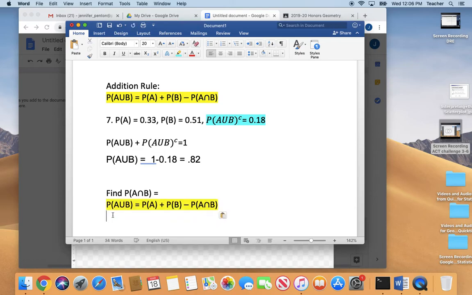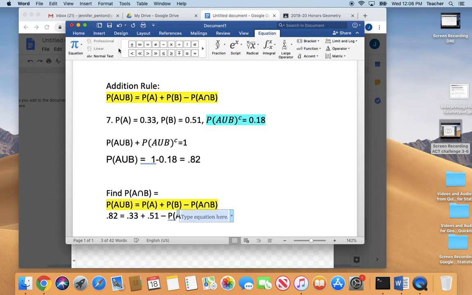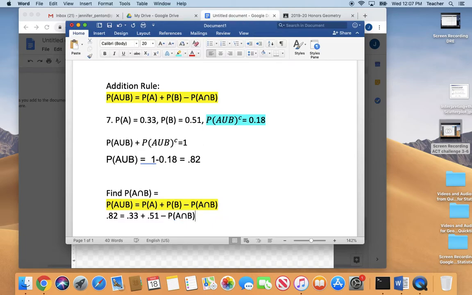So to find the probability of A and B, I would take the probability of A or B, which I just discovered is 0.82, equals the probability of A, which they told me is 0.33, plus the probability of B, which is 0.51, minus the probability of A and B. So if I do that, I get 0.82 equals 0.33 plus 0.51 is 0.84 minus the probability of A and B.